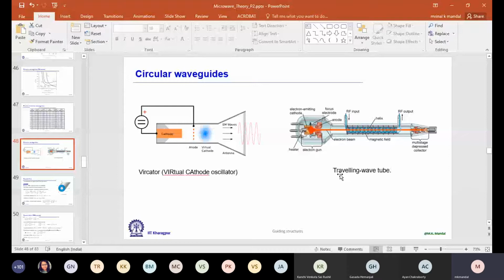Actually, now they are being replaced by solid state devices, but solid state devices can't handle kilowatt order of power. We still have a problem. Maybe we can discuss it later. So traveling wave tubes come in there, and noise performance is very good for the traveling wave tube. That's why it is still in use in satellite applications.